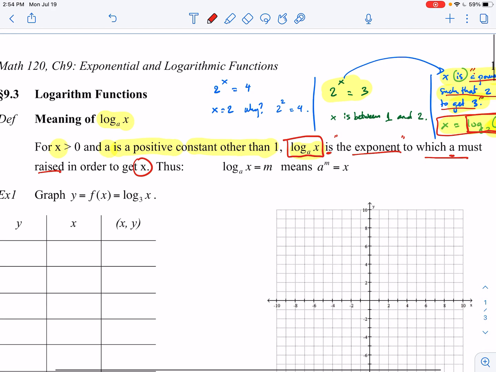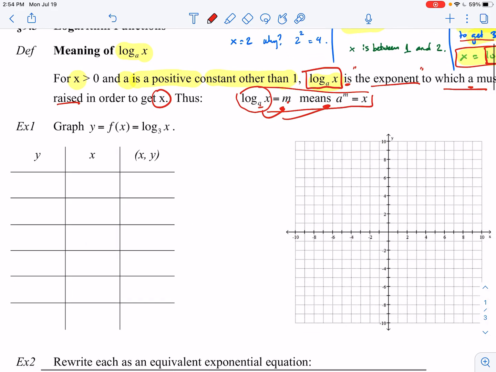If we call that exponent m, then this form becomes a raised to that exponent m equals x. So the two forms are equivalent. One is the log form, the other is the exponential form.